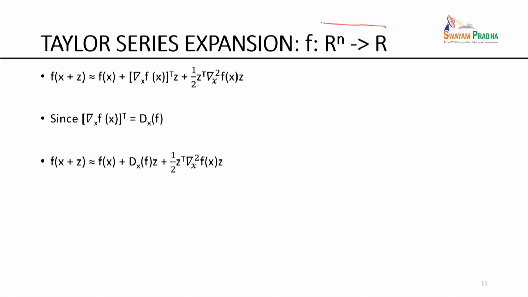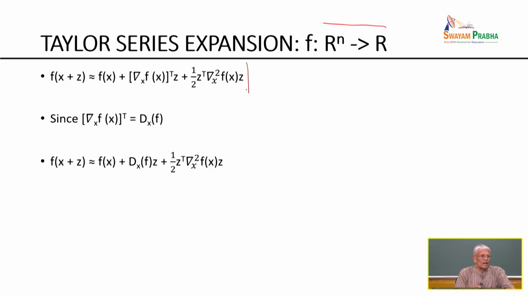Now I am going to consider the Taylor series expansion for a scalar valued function of a vector, going from scalar valued function of a scalar to scalar valued function of a vector. In this case, I am only giving you a second order Taylor series expansion. F of x plus z is equal to f of x plus the inner product of the gradient of f with z. X is a vector, z is a vector, please remember that. They are points in the domain.